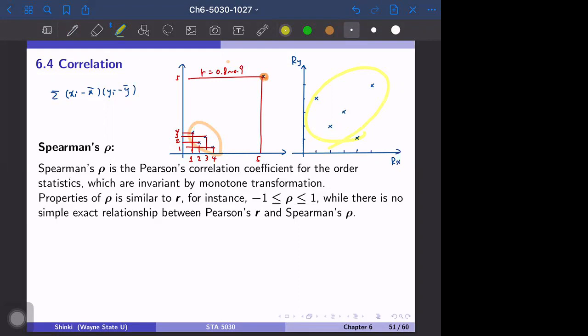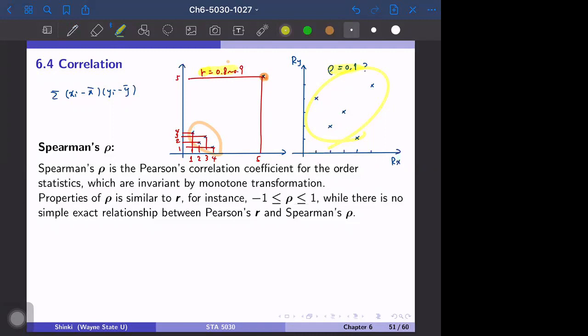Since Spearman's rho is basically a special case of Pearson's correlation, rho is still between -1 and +1, and all properties for Pearson's correlation hold. But the relationship between this R itself and rho is not really simple.